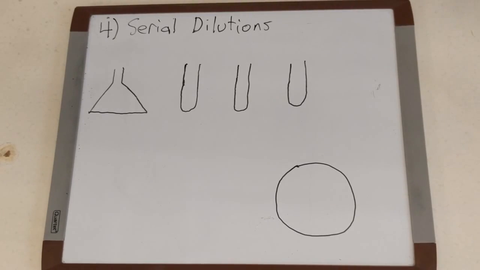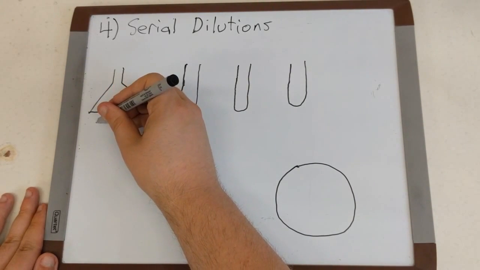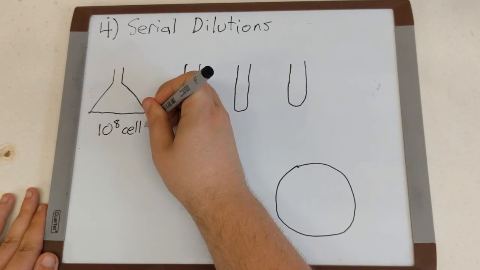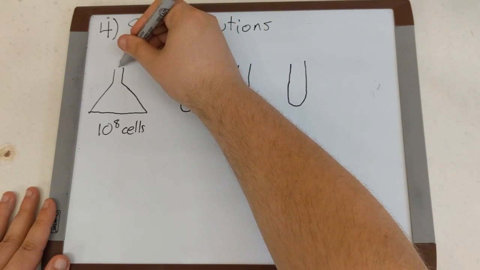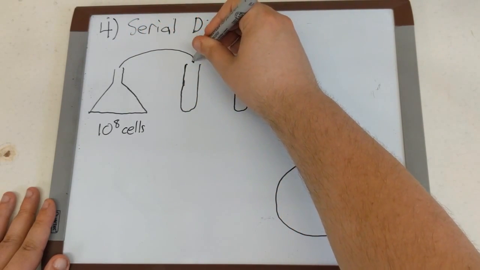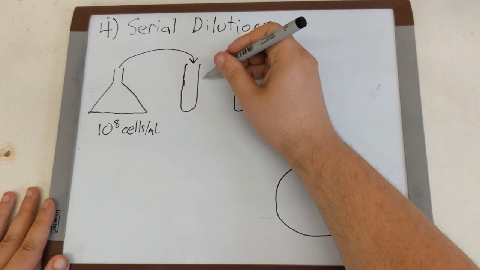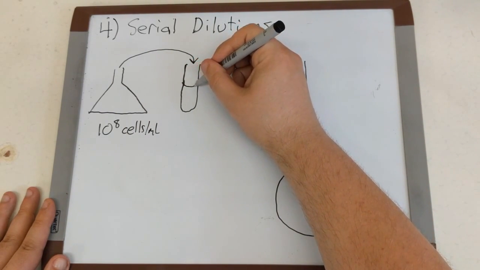Okay, so lastly we're going to talk about serial dilutions, which is used when plating. So here we just have a diagram, and that flask is supposed to represent the culture that you're starting with. So that is the most concentrated, and usually we say or estimate that there's around 10 to the 8 cells per milliliter. And what we do is we take some of that culture and we dilute that further down in diluent.